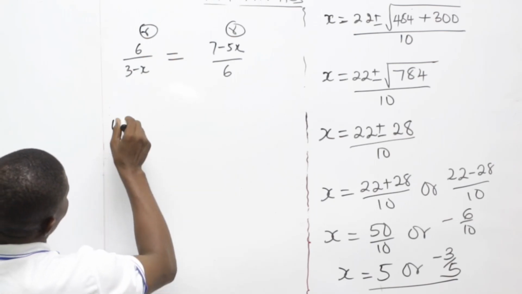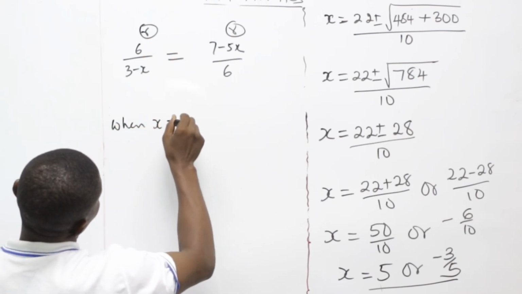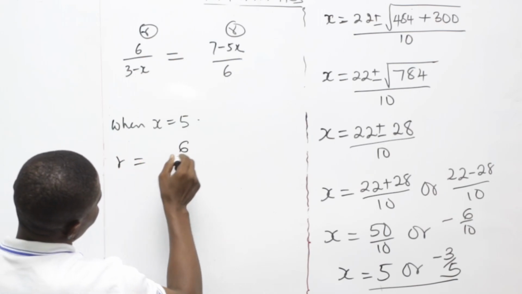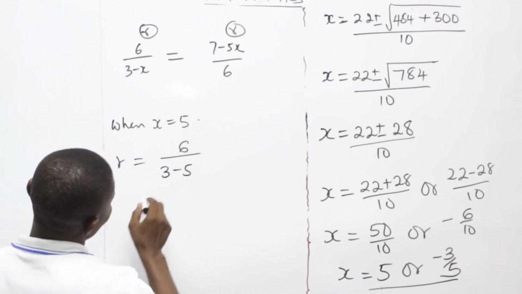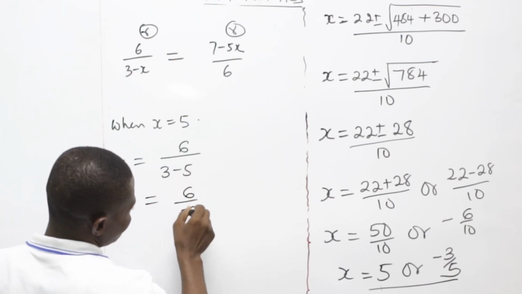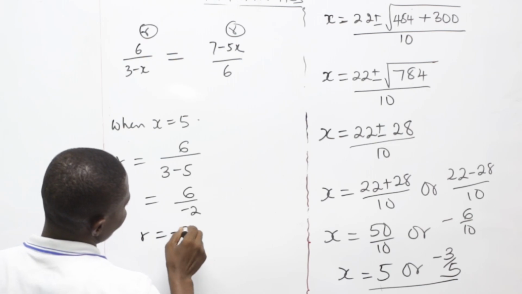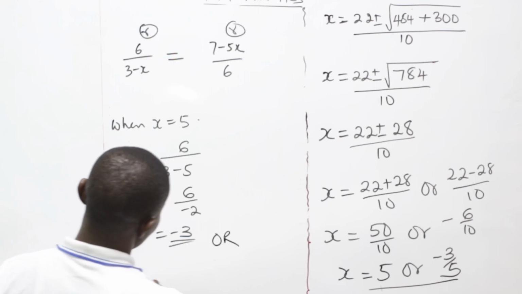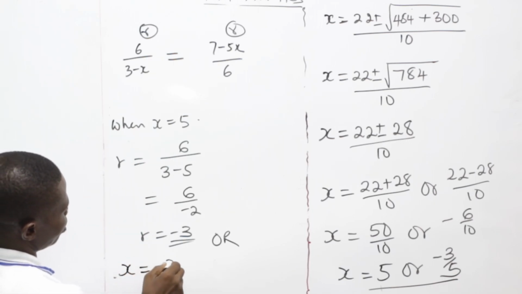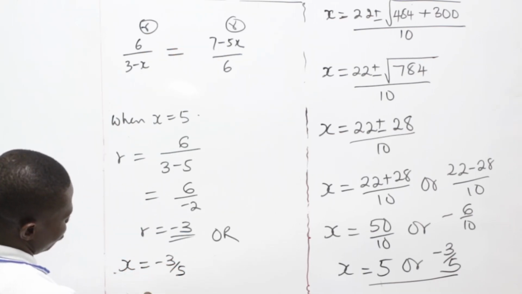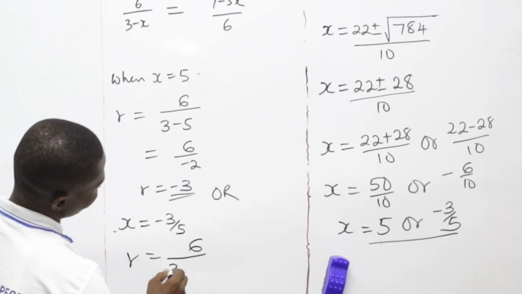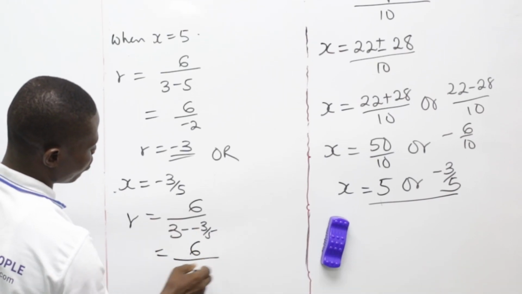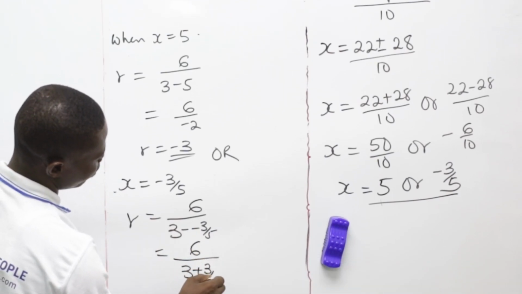So when x equals 5, if we are using this, r equals 6 all over 3 minus 5 to give us 6 all over minus 2 to give us r equals minus 3. Or when x equals minus 3 all over 5, r equals 6 all over 3 minus minus 3 over 5 to give us 6 all over 3 plus 3 over 5.